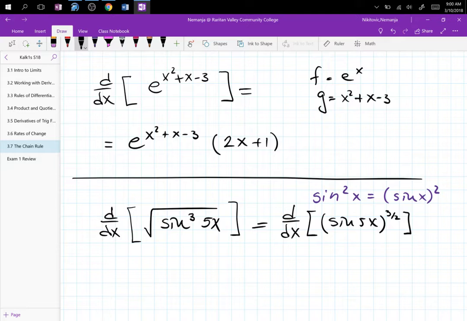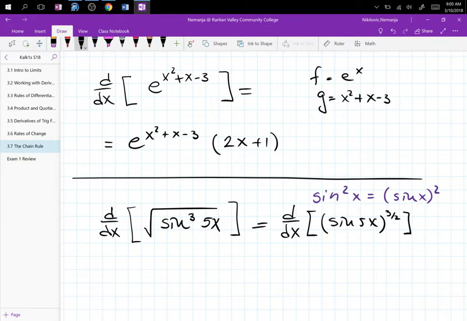So the square root is giving me half exponent, and the 3 is giving me cube. So first I write sine 5x everything cubed, and that's the square root. So then that square root becomes a half, and that's what we have. Good.